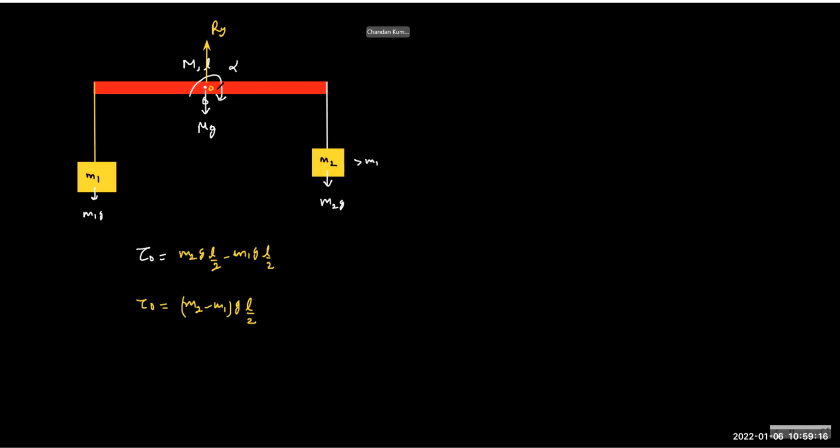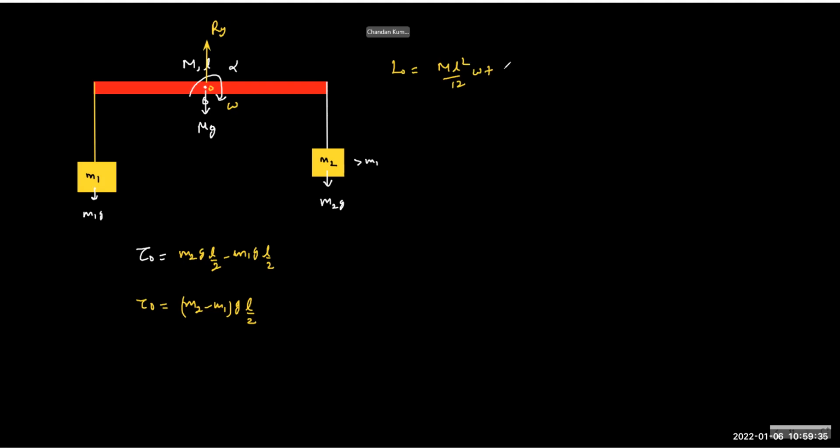Now to write the angular momentum, instead of alpha, you can choose omega. So what is the angular momentum about O? For the rod, it's simple: ML square by 12 into omega about the center of mass.